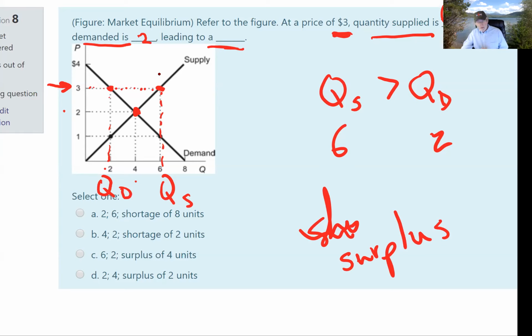That's an important thing to know. It's just the difference between quantity supplied and quantity demanded, which is represented graphically here, and 6 minus 2 is 4. So here we have a surplus of 4 units. The correct answer would be option C. Quantity supplied is 6, quantity demanded is 2, giving us a surplus of 4 units.